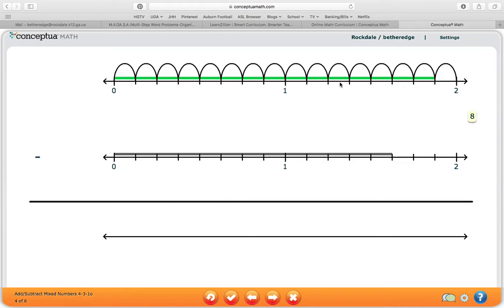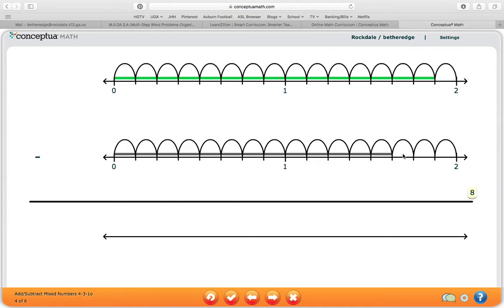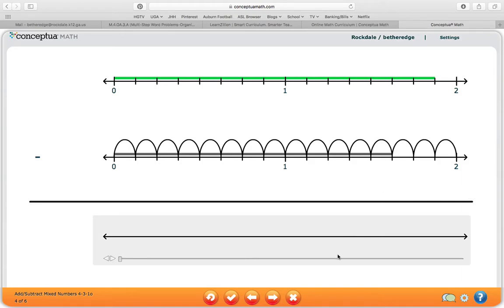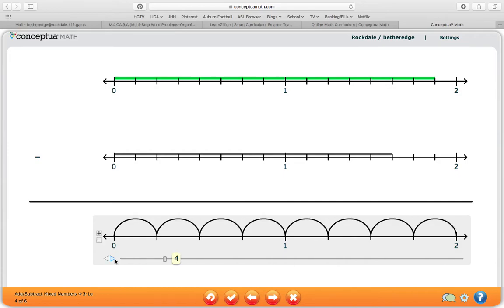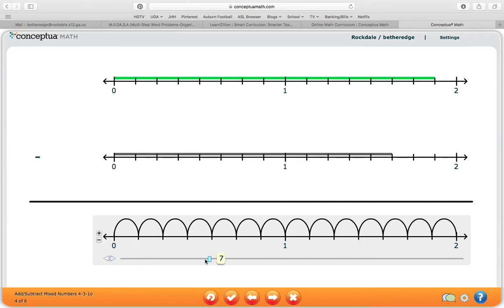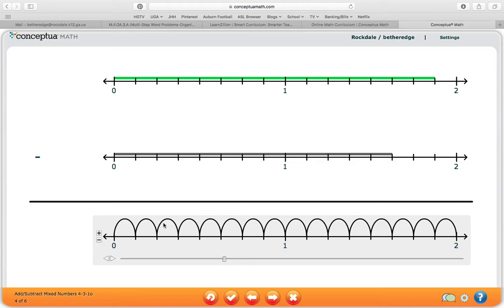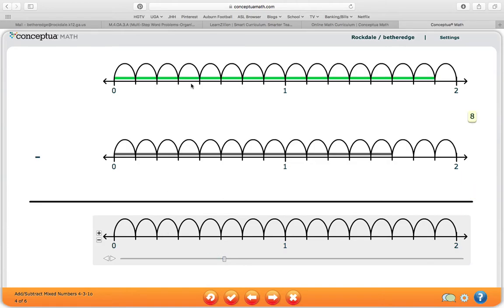It means there's 8 sections in this number line between 0 and 1. 8 sections between 1 and 2. Same thing on my bottom, my second model. So my answer down here should also be divided into 8 sections. So we're going to click our arrows or drag the bar until we get to 8. So it should look the same as our top 2 models.